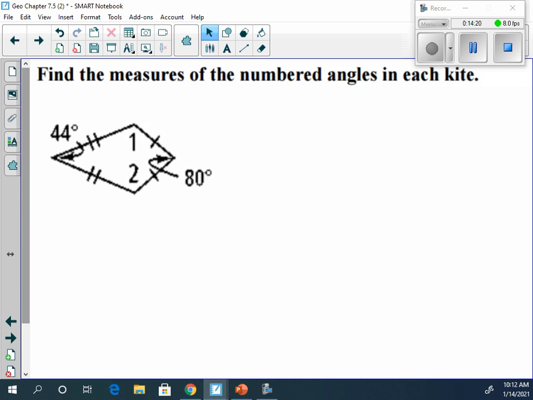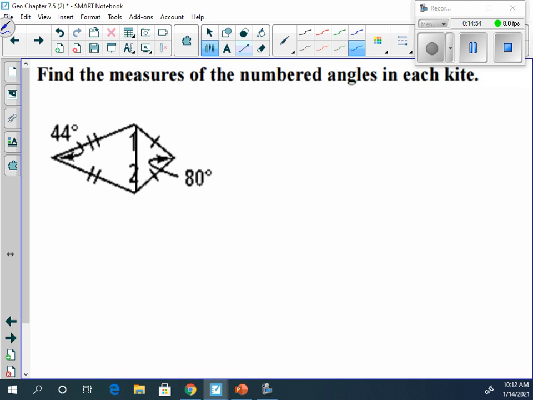Since it's kind of like a triangle at the top, we could draw a line through 1 and 2. Kind of like this here. And actually that brings up a good point.